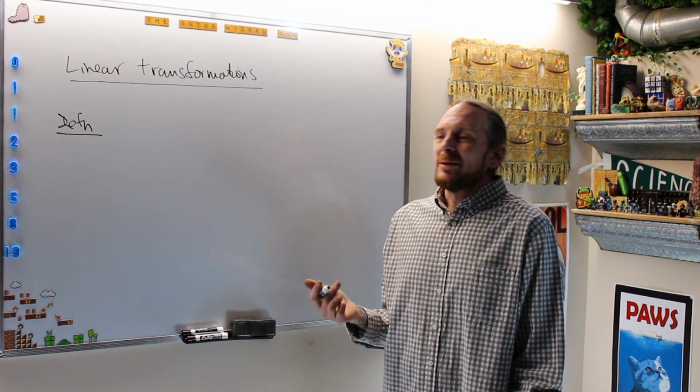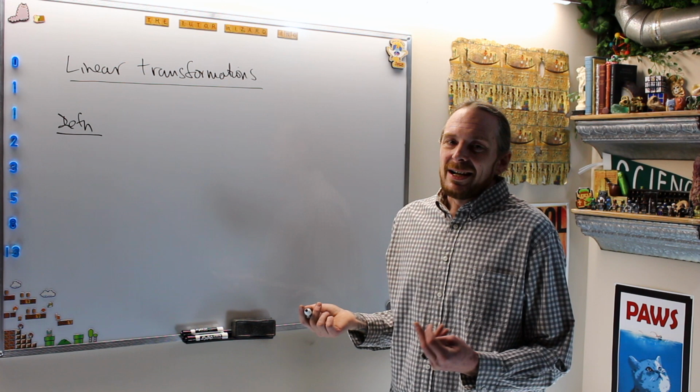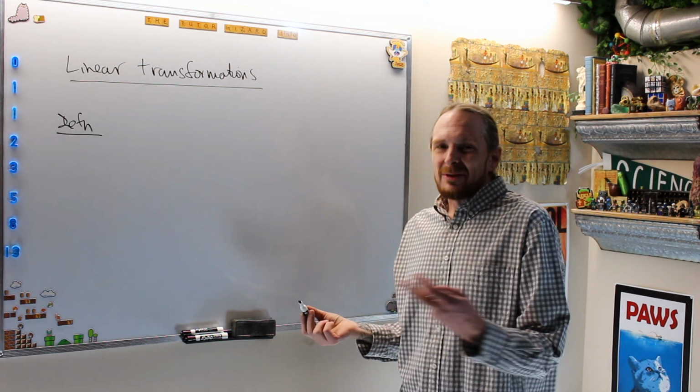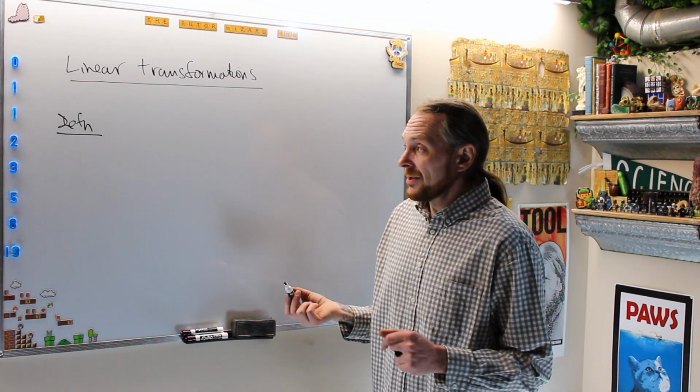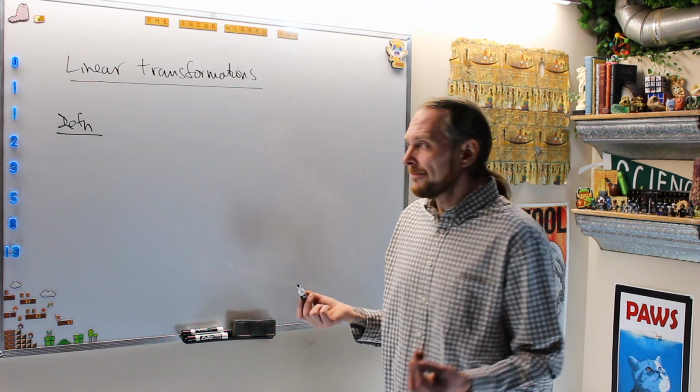Again, I'm going to assume a little bit that you have basically the idea of what a function is, but I'll define what a transformation is quickly first, and then what a linear transformation is, the guys that we want and why are they linear.